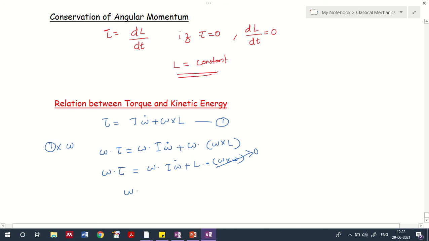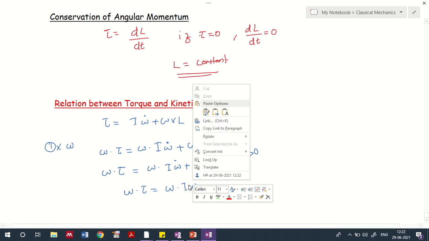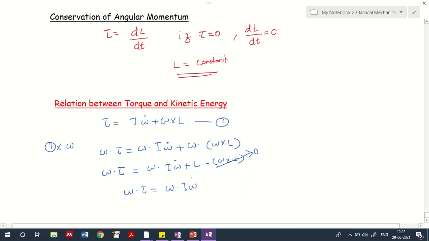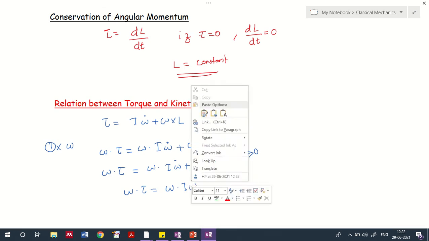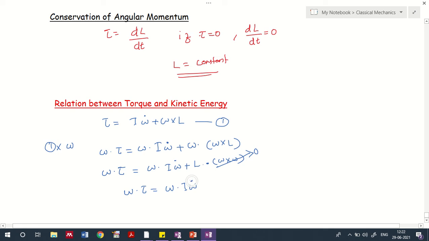Then we represent that omega dot tau will be equal to omega dot I omega dot.